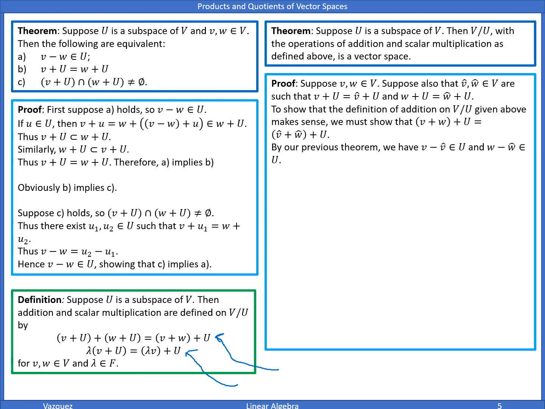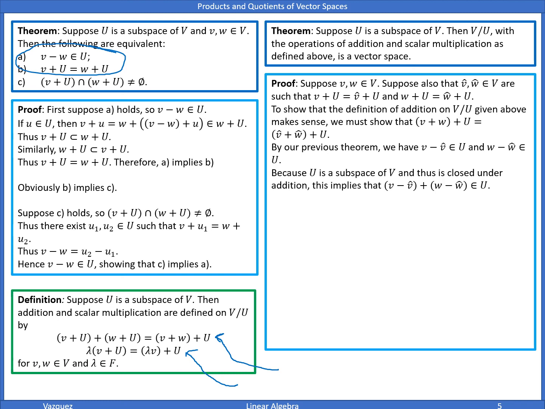Right, we're using part A of the previous theorem, and w minus w hat is in U. Again, we're using these two parts, right?